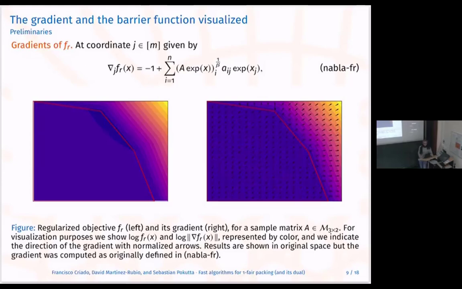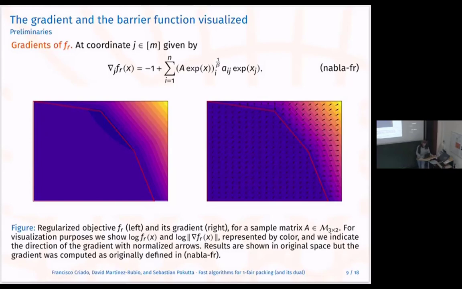Everything's in log scale here, and you see they immediately increase, right? So they're huge and bring you immediately back into the feasible region. On the other hand, when you're in the feasible region, let's say here, the gradients are very, very small, so you can take huge steps without leaving the feasible region. And that really helps, if you accidentally step outside of the feasible region, to immediately bring you back into the feasible region and basically maintain epsilon feasibility throughout.